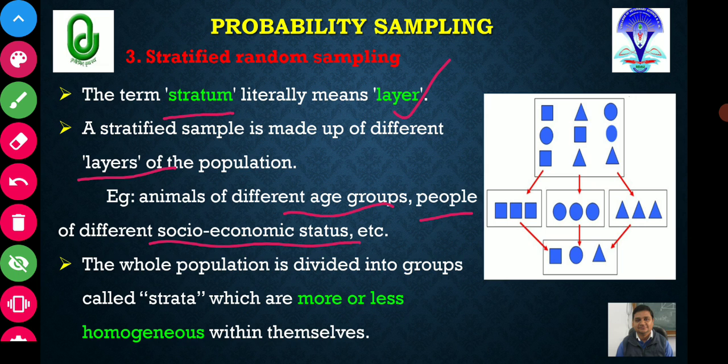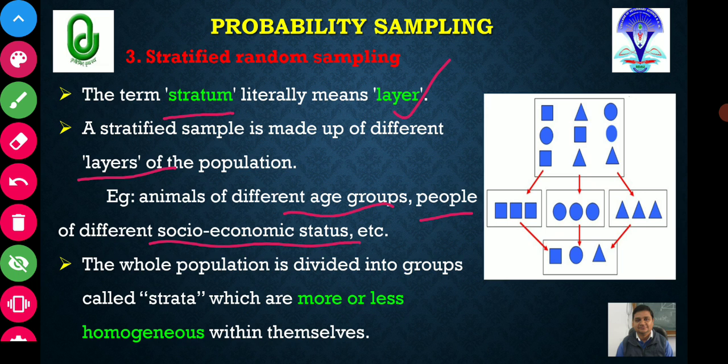Suppose we have a population of cows of different ages. So what we will do, we will make layers: cows with less than 1 year, cows between 1 to 2 years, cows between 2 to 4 years, and cows with age more than 4 years. So like this we have made 5 layers, or 5 strata, of the cows.